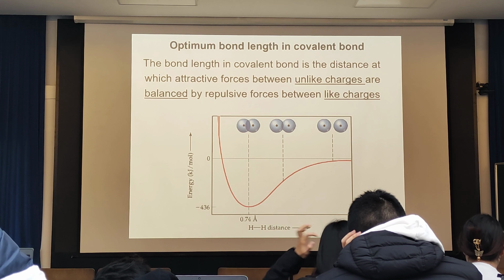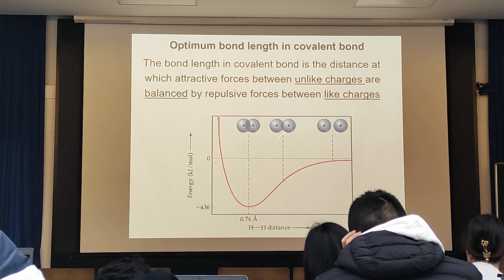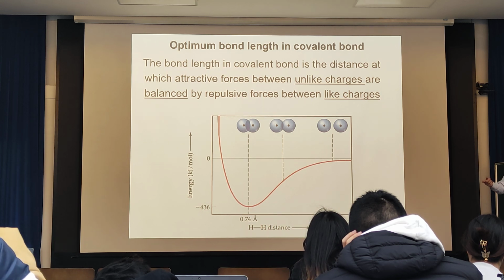The hydrogen molecule has a bond distance of 0.7 angstrom. That means at this bonding distance, the energy of the system is minimum. Okay? And this state, the hydrogen state here, we call the ground state. Okay?